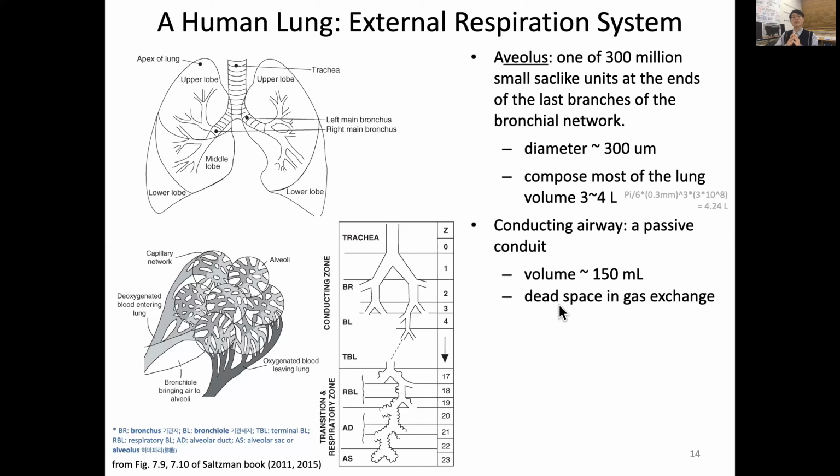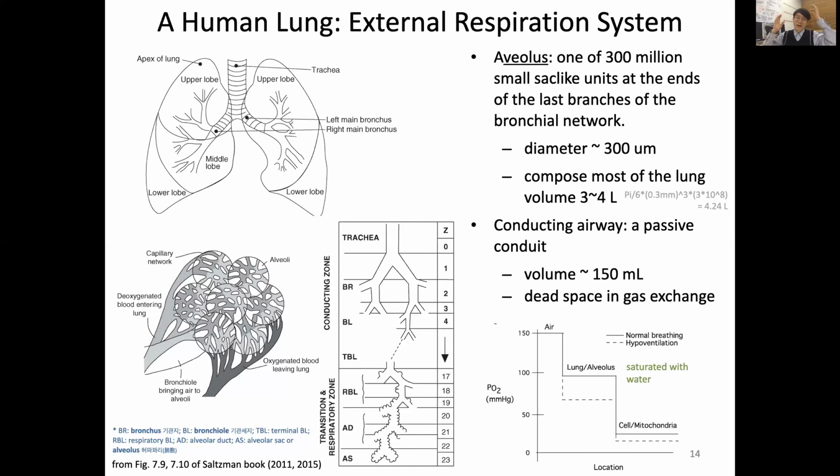Let's consider the partial pressure of oxygen. We know that oxygen makes up about 21% of atmospheric air. The atmospheric air pressure is about 760 mmHg, or we can convert it into 1 atm or 1 times 10 to the 5th Pascal.